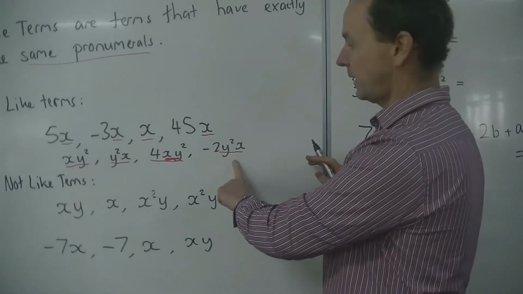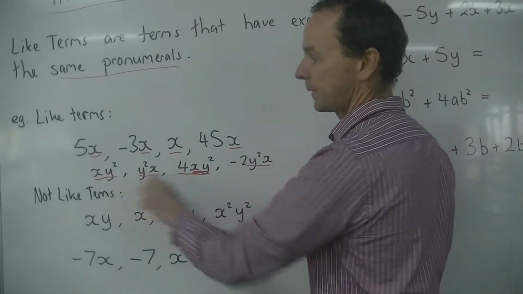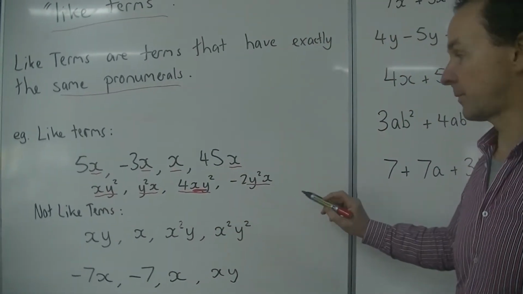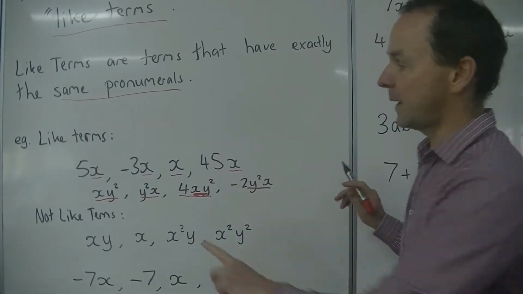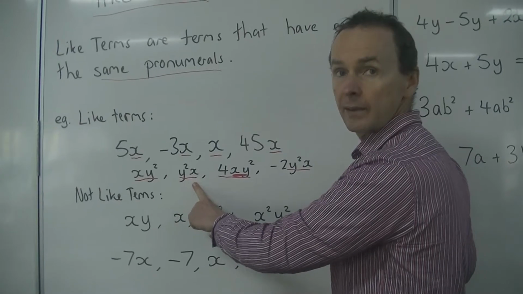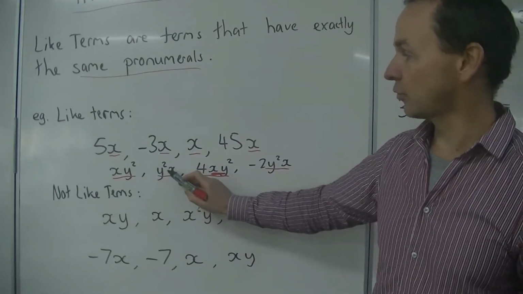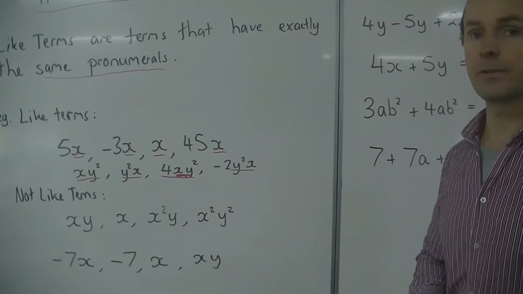So they're all identical. It's got a single x times by y squared. I've just changed the order of them. So can you see they're all like terms, all those ones. Generally speaking, we do it in alphabetical order. So I wouldn't normally write y squared x. I'd write it as xy squared. But if they did write it like that, you've got to realise, just rewrite it and realise they're like terms.